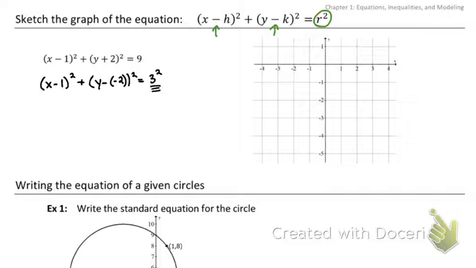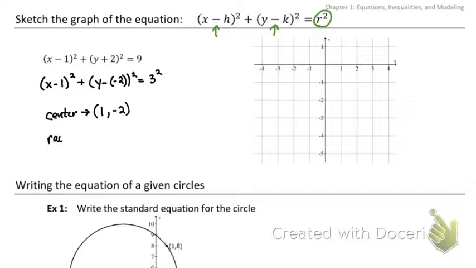A lot of times we don't write this. I'll go over that in just a second, but this would be how it's written with the squares all in there and our subtraction signs. We now have a circle where we know the center point. Our center is going to be the point 1, comma, negative 2.